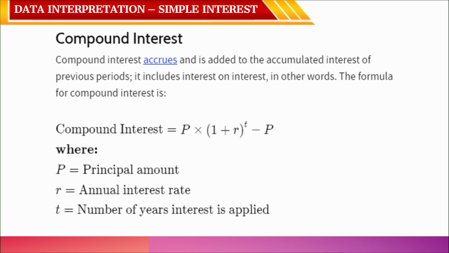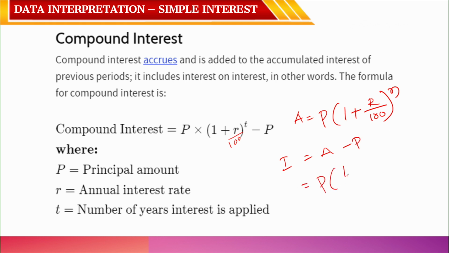In other words, the formula for compound interest is P into (1 plus R by 100) whole power T, minus P. Generally we will say A is equal to P into (1 plus R by 100) whole power n. This is the total sum. I is equal to A minus P, that is the reason the formula is written as P of (1 plus R by 100) whole power n minus P.